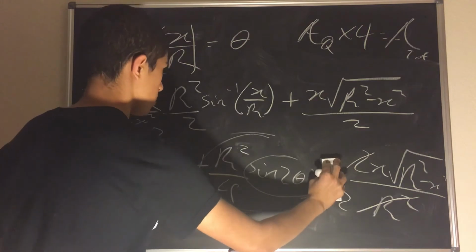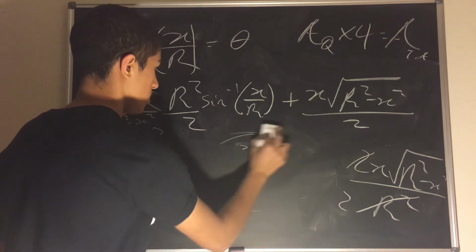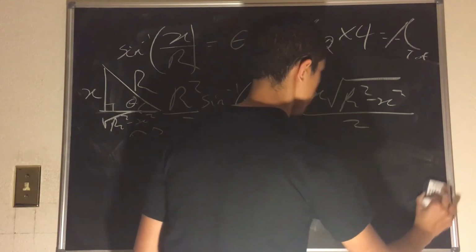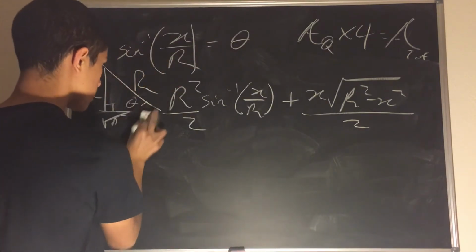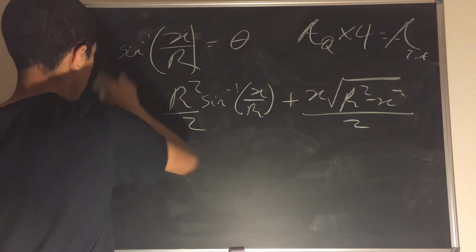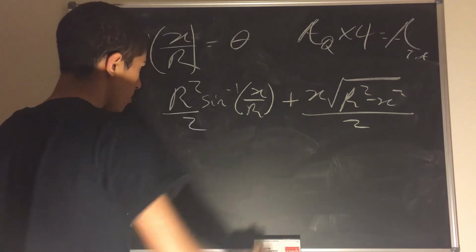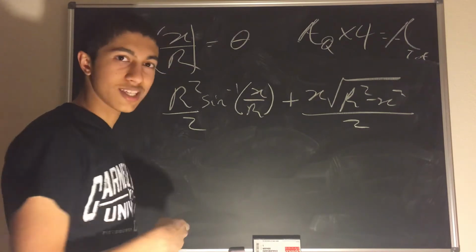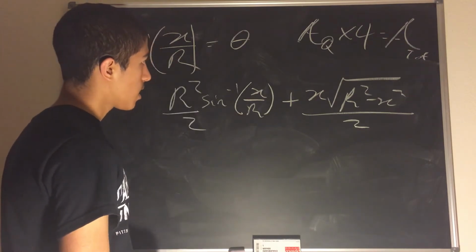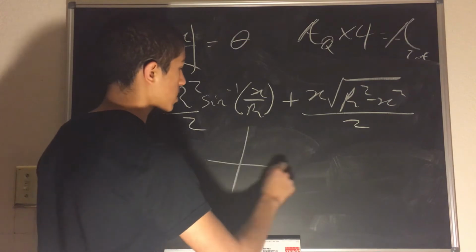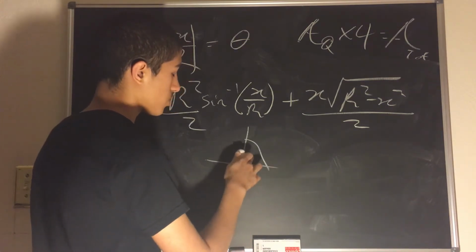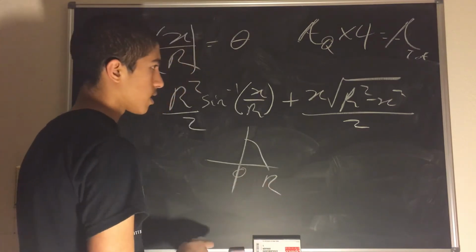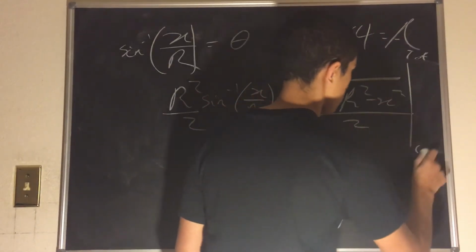And so we have simplified our area from terms in theta to terms in x and r. This is wonderful because now we can bring back our original limits. If you remember, because we're taking only the first quadrant of a circle, from 0 to r, our limits become 0 to r.